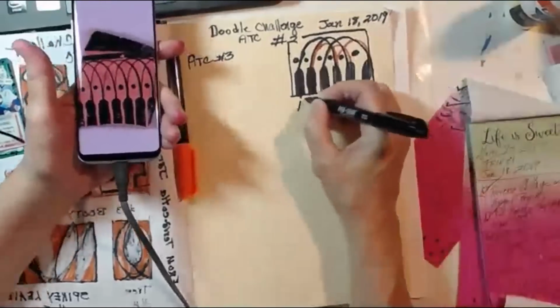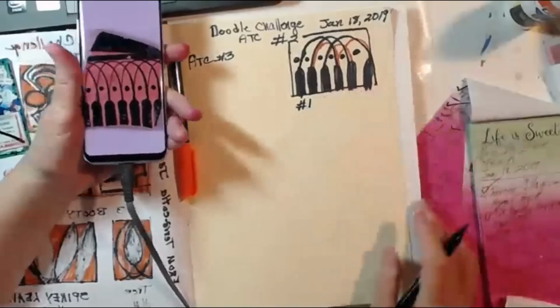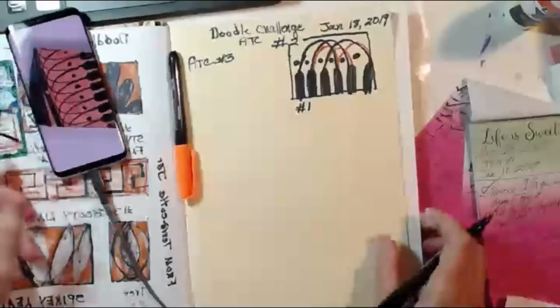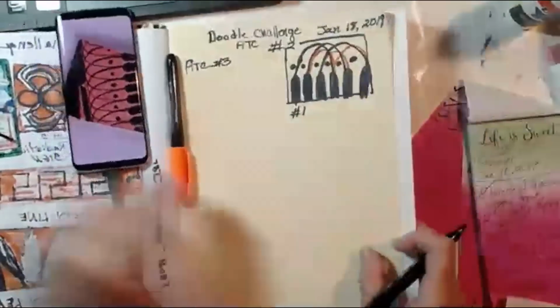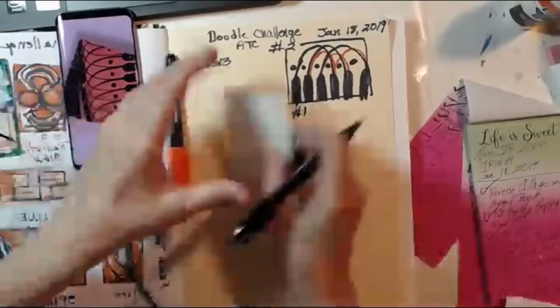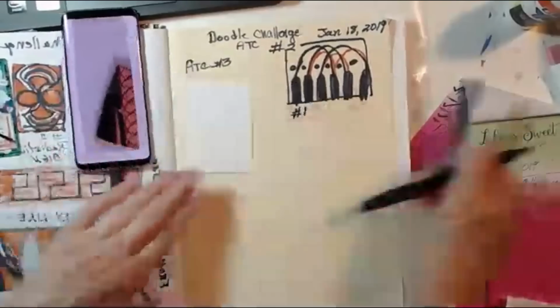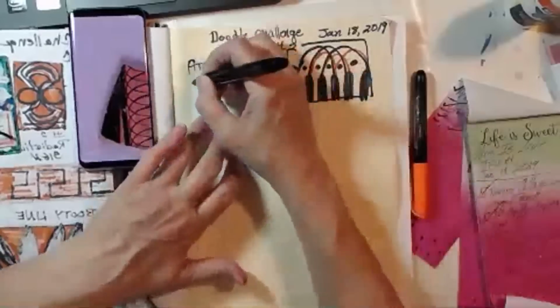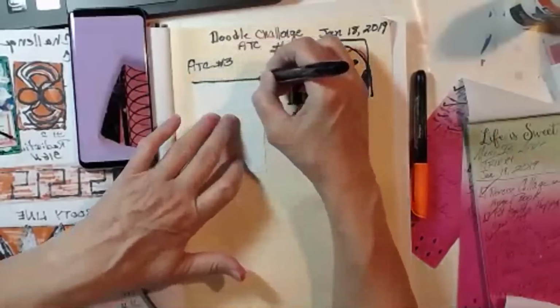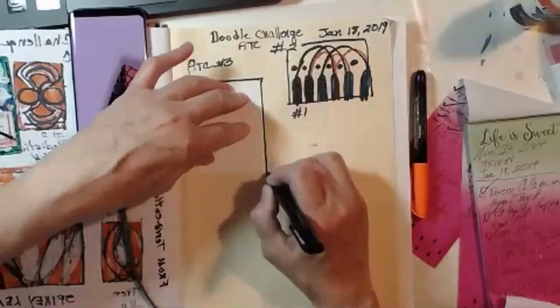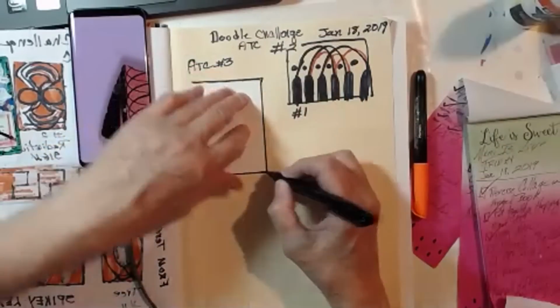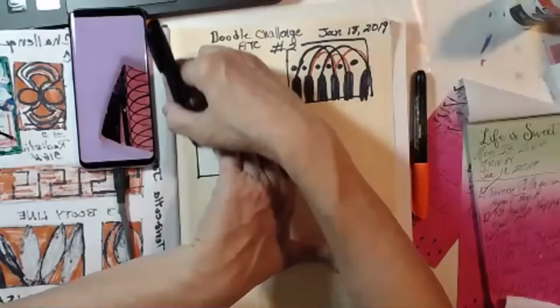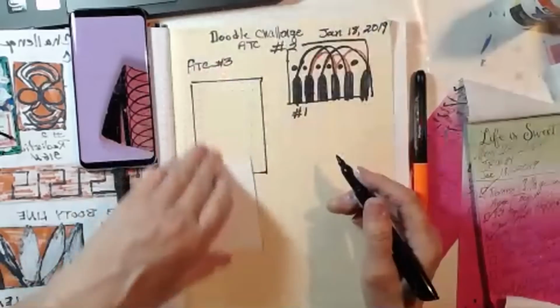So I'm going to put that as number 1. And you know what I'm going to do on my ATCs? I'm actually going to draw out my ATC here. I'm going to trace around this rather than put it on an ATC card. I'm just going to draw it this way for the fun of it. Like that.